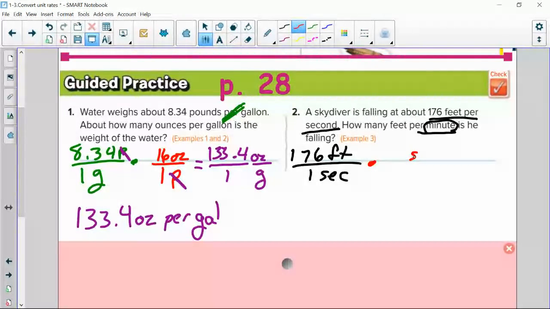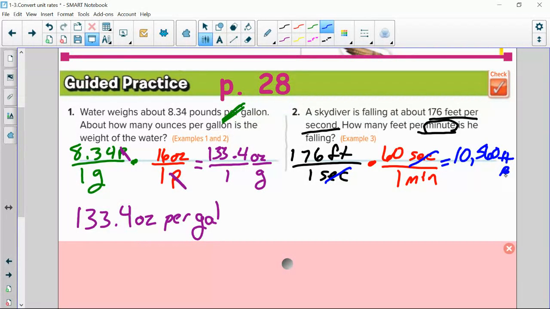Well, how many seconds make a minute? 60. And then, of course, we can cross out our seconds. And when you multiply, you get 10,560. And remember, now this is feet per minute. Feet.